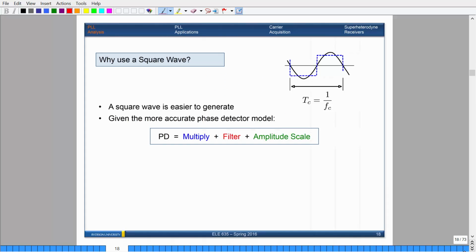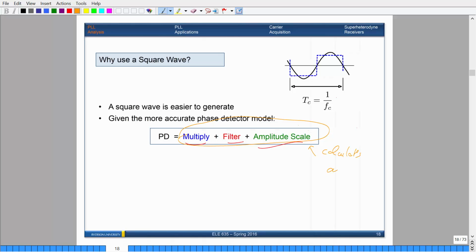And now we're going to talk about the whole shebang here. The phase detector is a multiplier, a filter, and an amplitude scaling. I won't prove it here, but the total combination of this calculates the area.